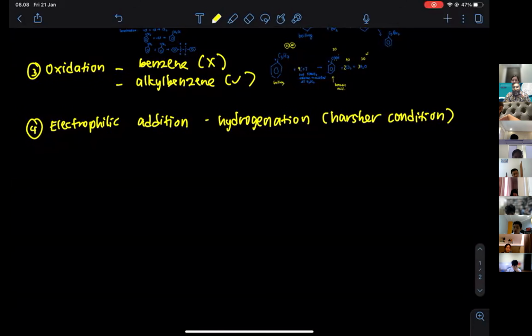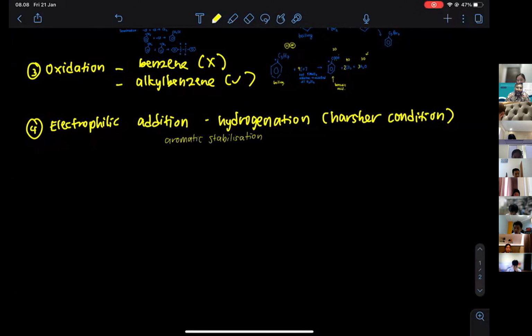So for electrophilic addition, you are going to have hydrogenation, which must be in harsher conditions. Why? Because addition is not favored: the aromatic stabilization will not favor the addition reaction. It will favor electrophilic substitution.